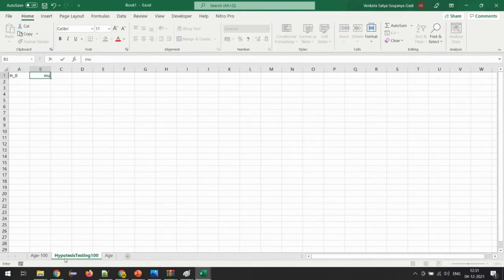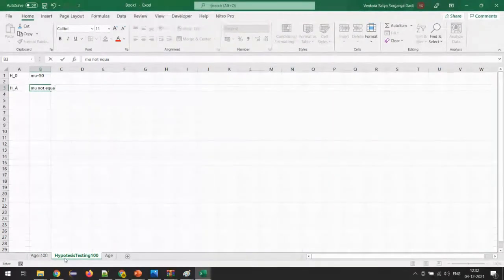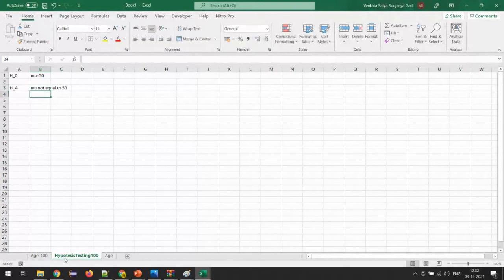So what you're proposing is mu is equal to 50. Mu is the average age of the person who is dead in the Titanic disaster. Okay, so the alternative hypothesis is mu is not equal to 50.